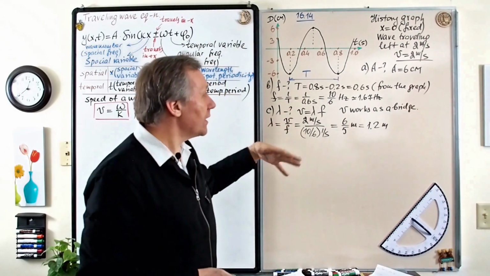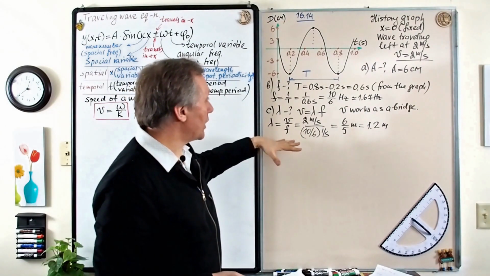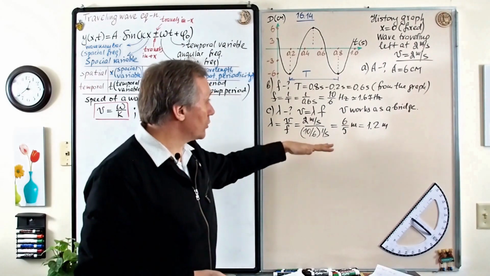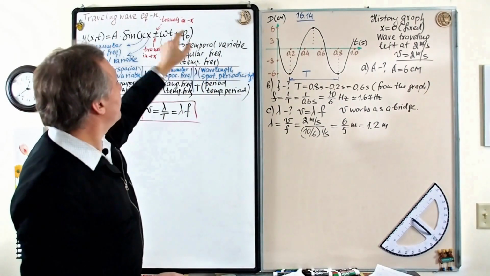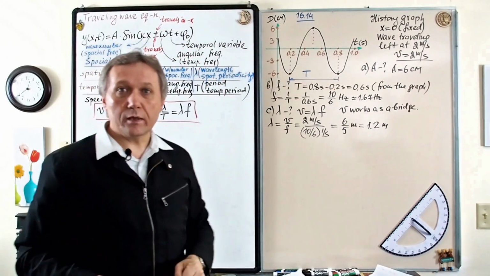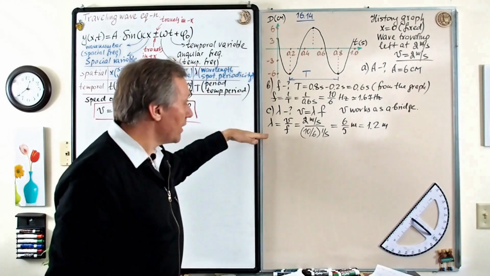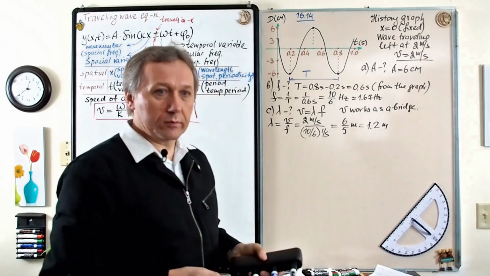We still can find tons of other parameters, so now I'm adding additional questions. Let's find, for example, omega, k, and then eventually find the phase constant, and then we can write the whole traveling wave equation. Let's do it.